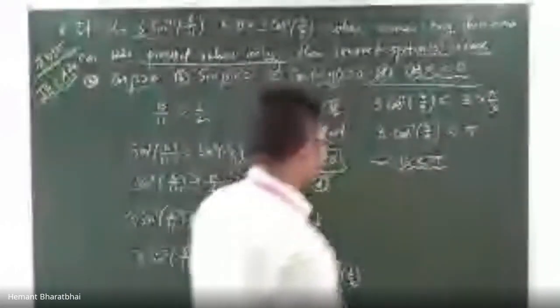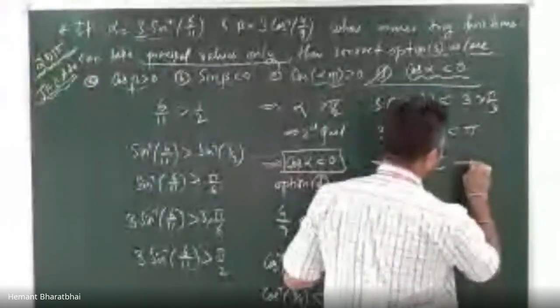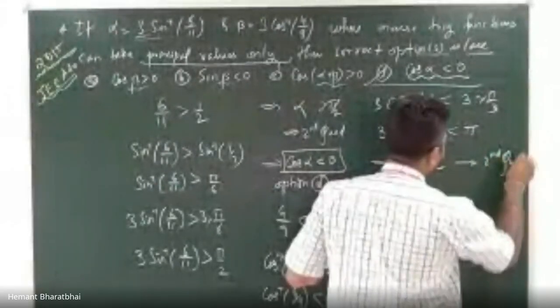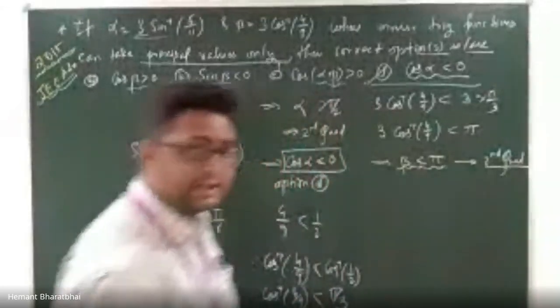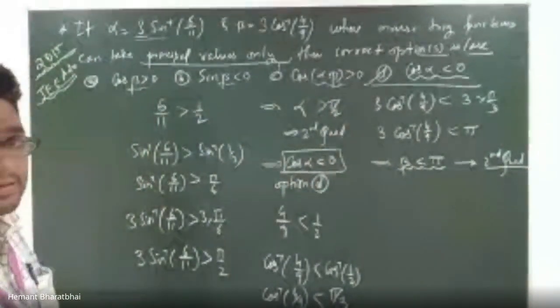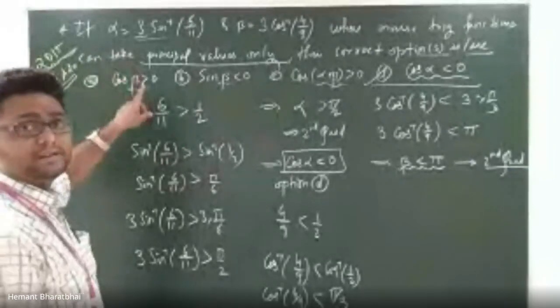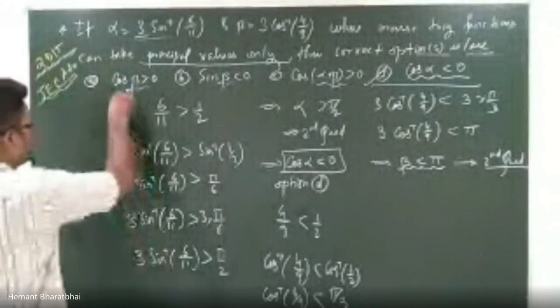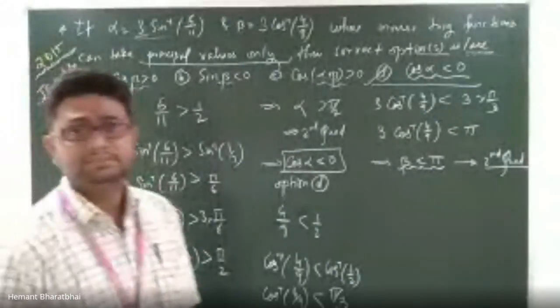That is, my beta is an angle which is lying in the second quadrant because it is less than pi. So this angle is also lying in the second quadrant. In second quadrant my cos is negative, so this option I will not get. Cos beta should be less than 0.